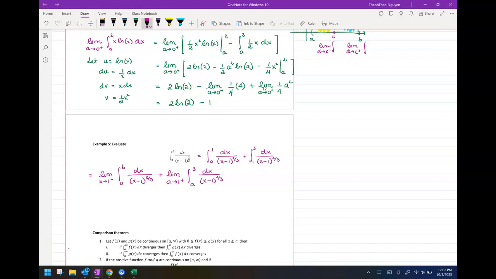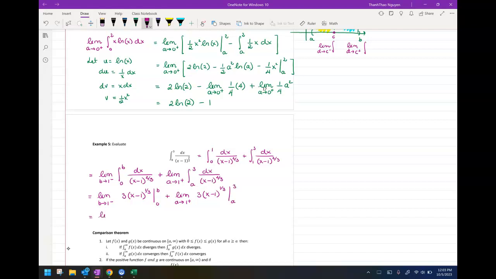So then this integral becomes the limit as b approaches 1 from the left of 3 times (x minus 1) to the 1/3, evaluated from 0 to b, plus the limit as a approaches 1 from the right of the same thing, 3 times (x minus 1) to the 1/3, evaluated from a to 3.